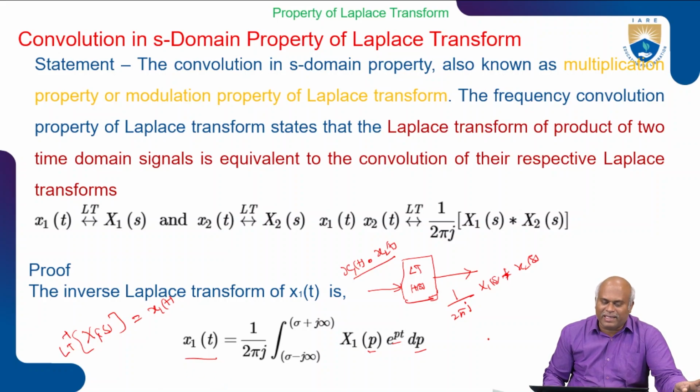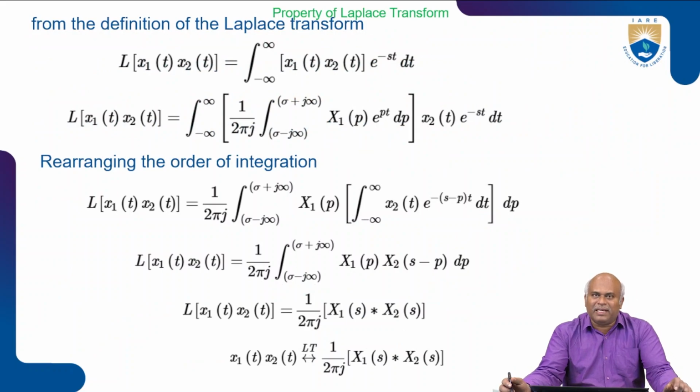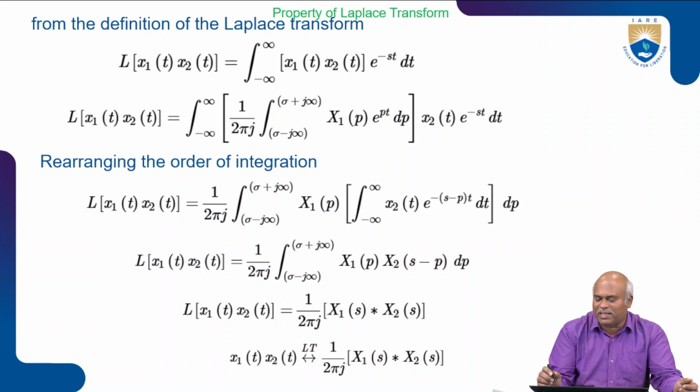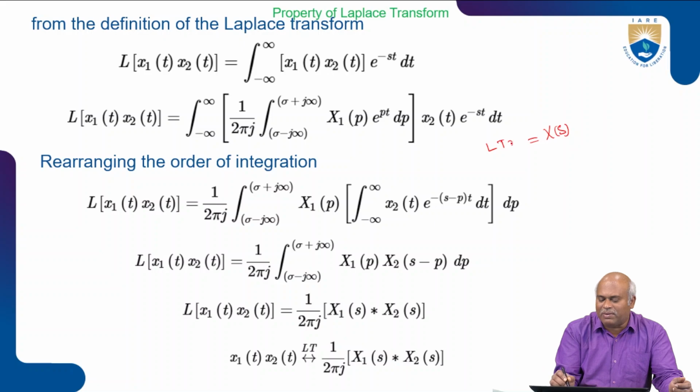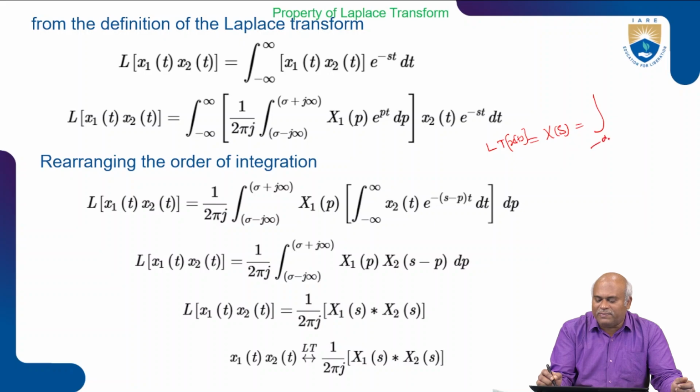Next, from the definition of the Laplace transform, X of s equals the integral from minus infinity to plus infinity of x of t e power minus st dt. Here, instead of x of t, I take x1 of t into x2 of t.